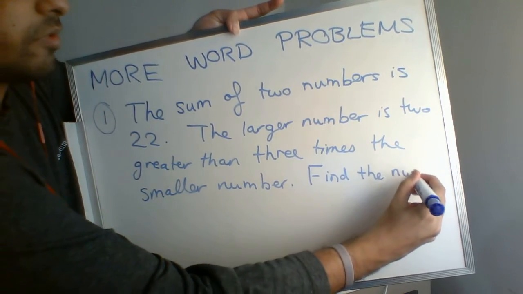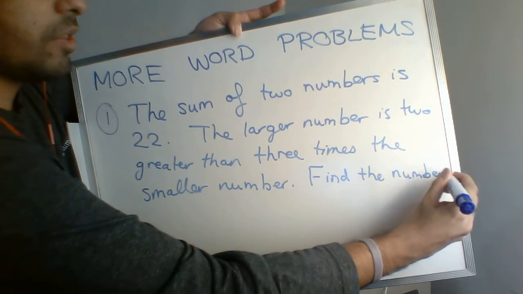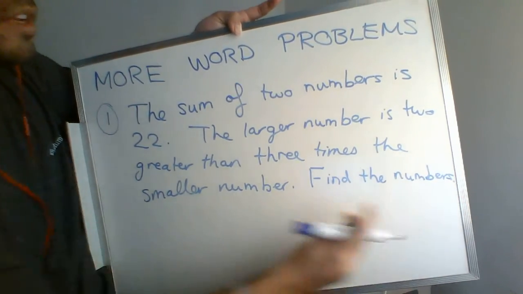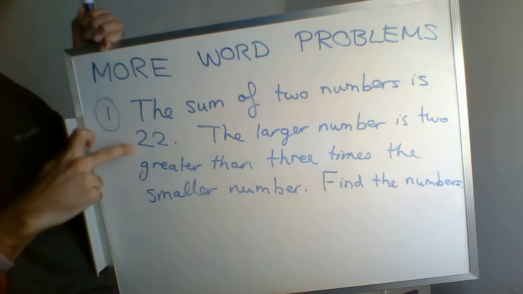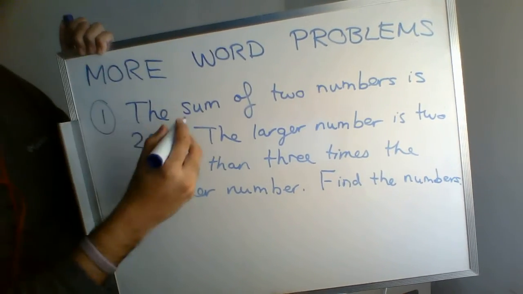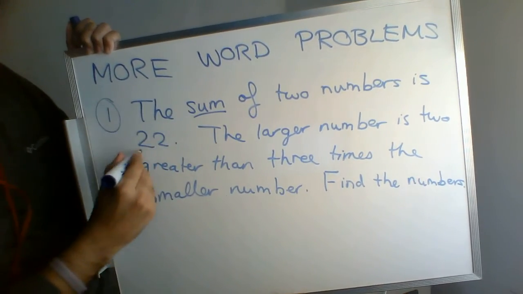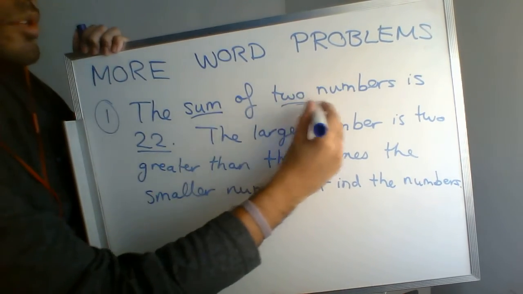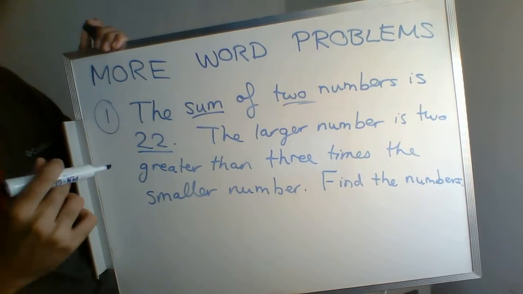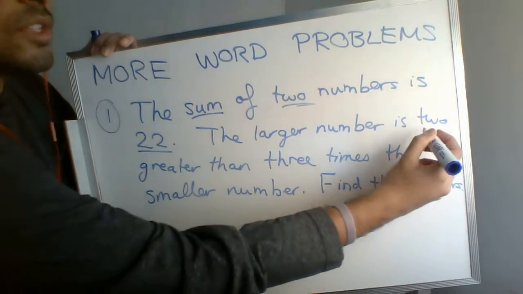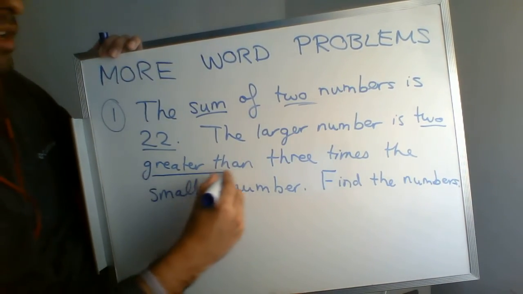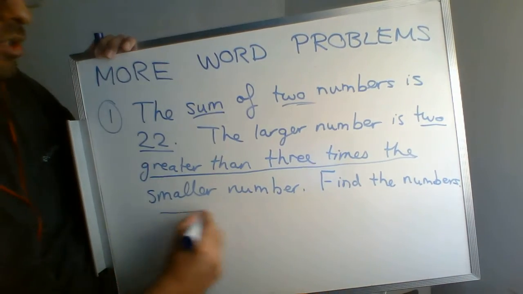Alright, so that's the question that we have in this one. I'll just read out the whole thing before we start writing anything down. So we've got the sum of 2 numbers is 22. That's important. The key words here are the sum and 22, and perhaps 2 numbers as well, right? The larger number is 2 greater than 3 times the smaller number.